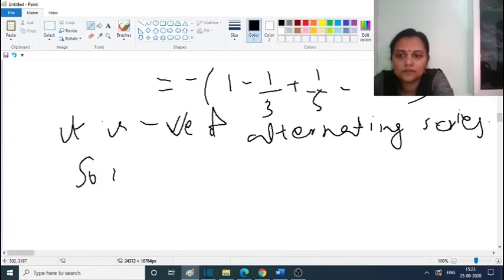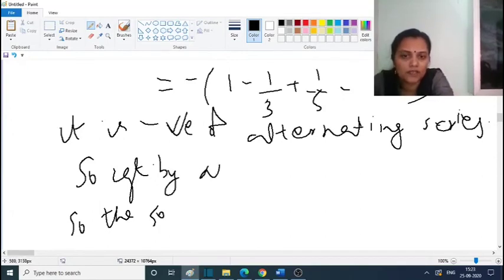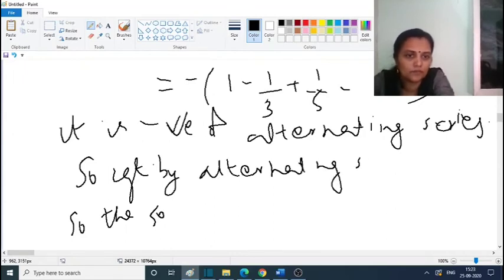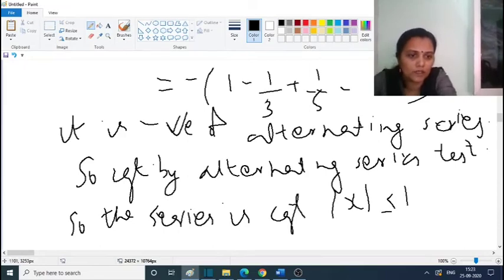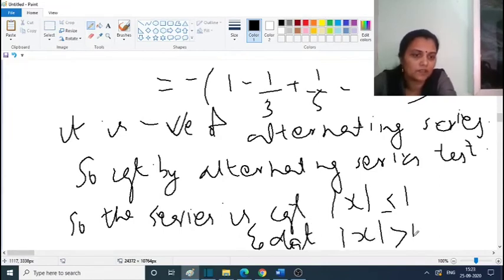So the series is convergent by alternating series test. So the series is convergent when mod x less than or equal to 1 and divergent when mod x greater than 1.